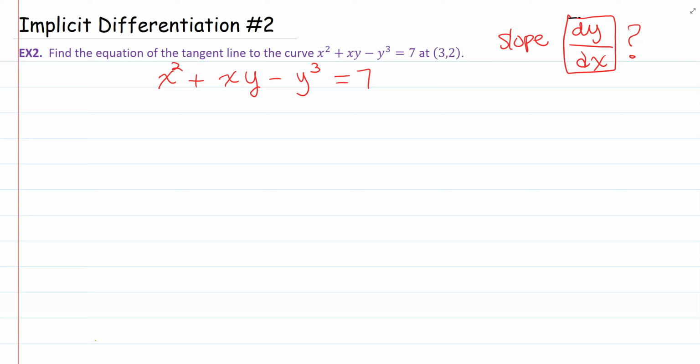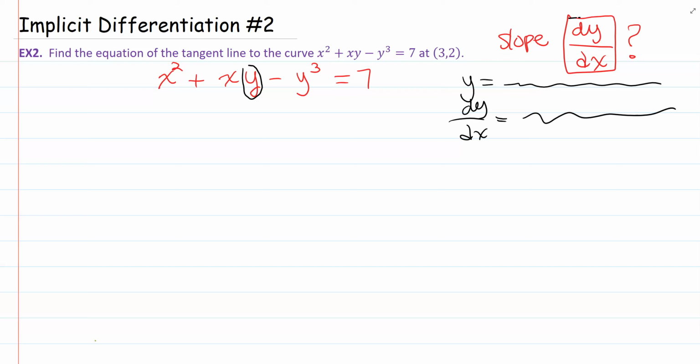In order to look for that, previously, before we learned about implicit differentiation, we would have to get y by itself. So you would have to solve for y, to say y equals blah, blah, blah, and then you can say dy/dx equals, and apply whatever rule to find dy/dx, right? Now look at where y is. Y is right here, and y is right here.